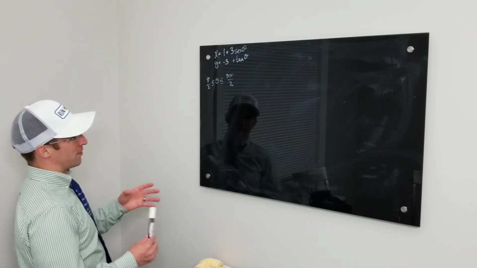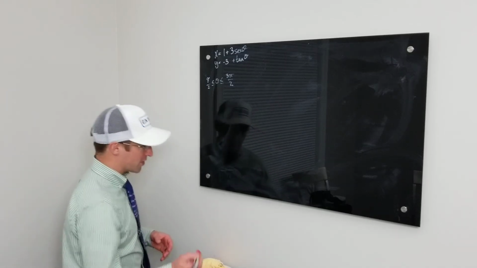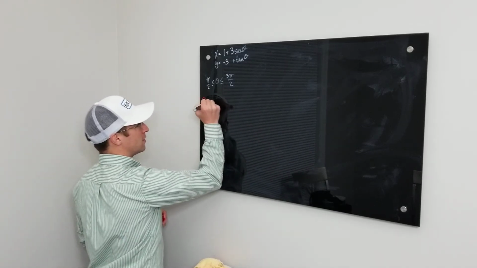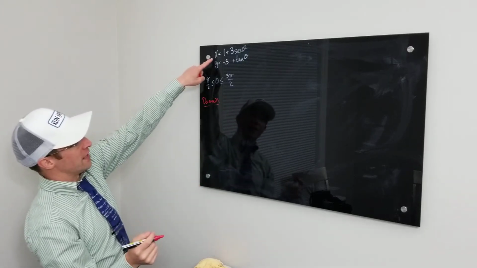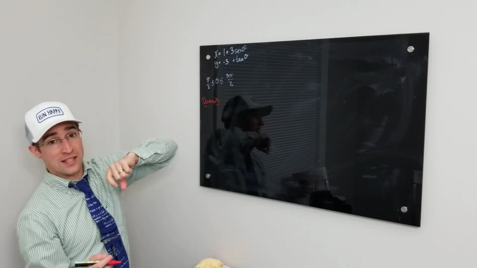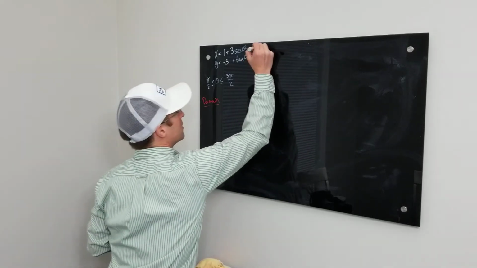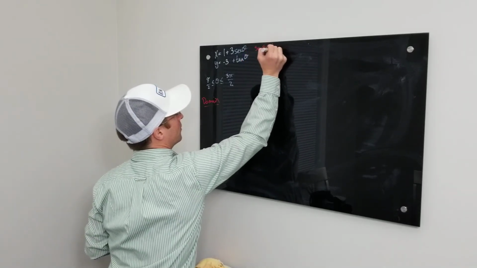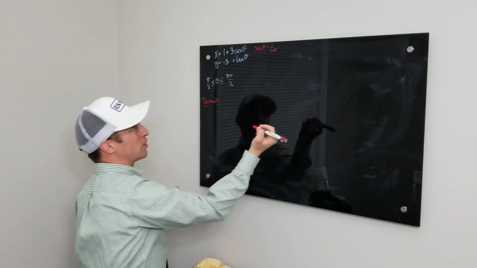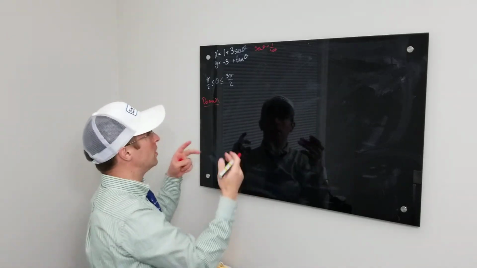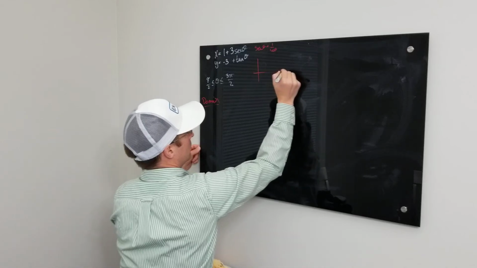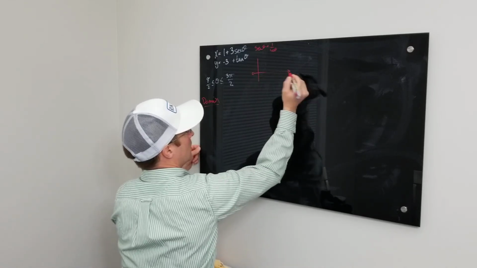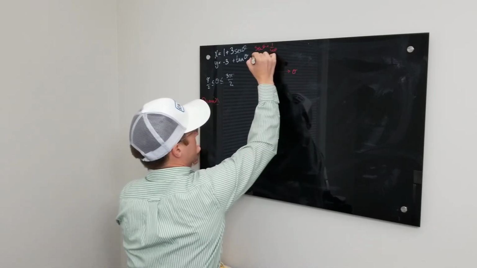So I'm going to find the domain and range first. The domain is going to be basically looking at x equals 1 plus 3 secant theta. And remember, secant theta is 1 over cosine theta. So if I'm going to graph that, this is going to be theta and this is going to be x.